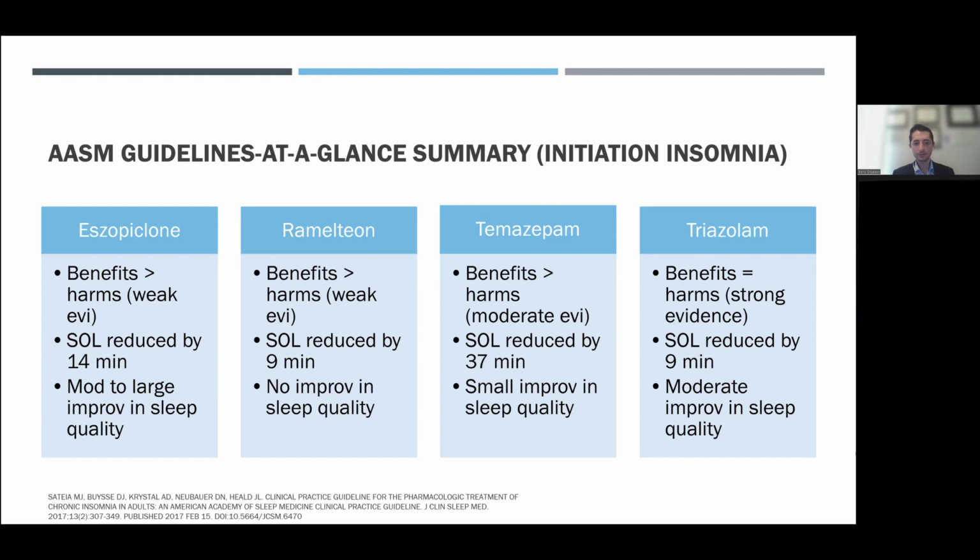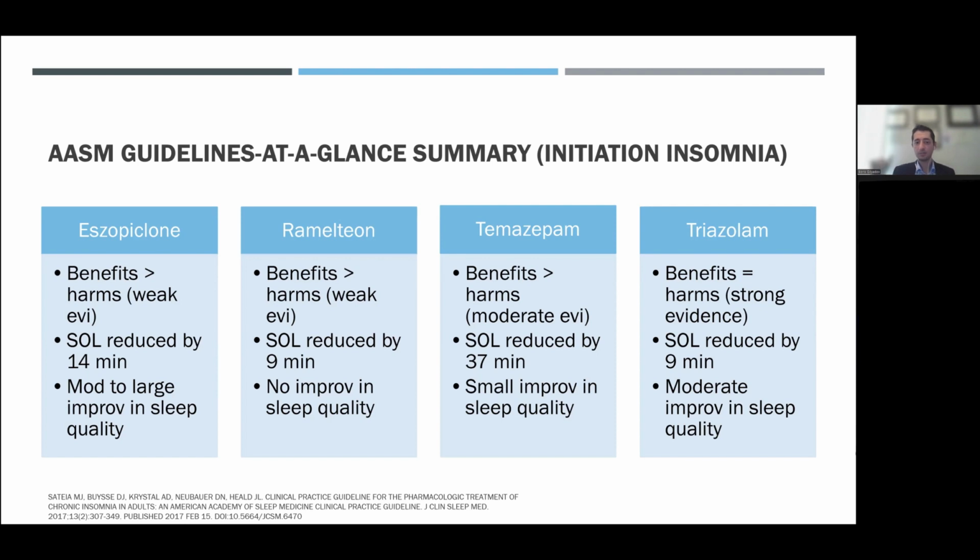And so Ramelteon tends to have, out of all of these, a perception of not much improvement in sleep quality and somewhat of a reduction of sleep onset latency by 9 minutes. But you have a benzodiazepine on the right, like Triazolam, and also, according to the AASM, it reduces sleep onset latency, and this is for initiation insomnia, by 9 minutes.